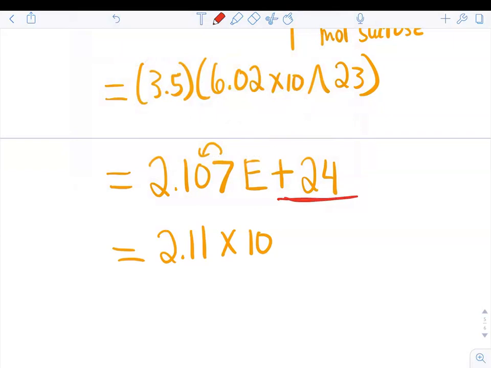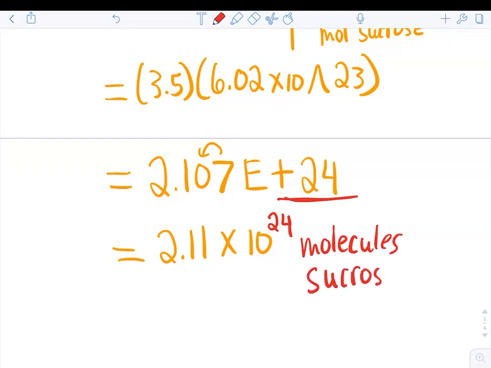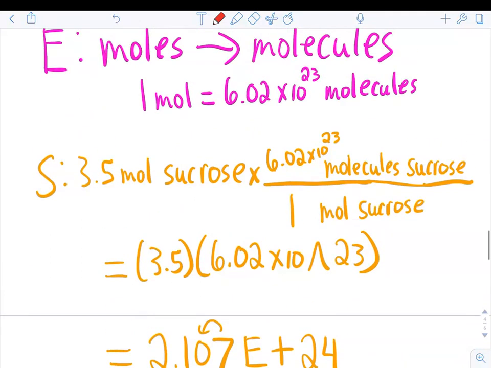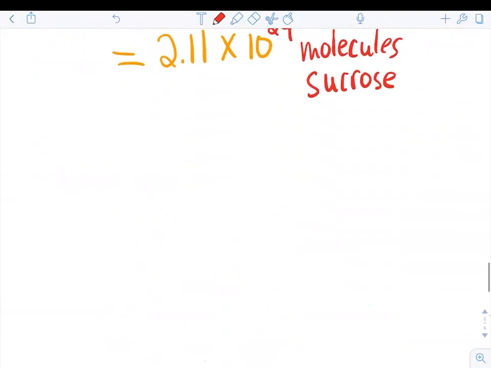The plus sign means that it's a positive 24. And then molecules of sucrose. Okay, so again, the big thing with this is remembering whatever's on the top has to go on the bottom, and then knowing which numbers go where.